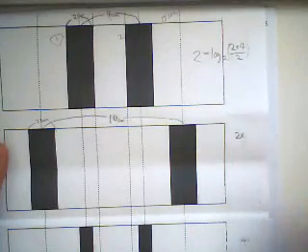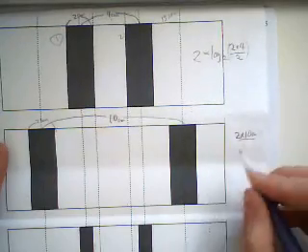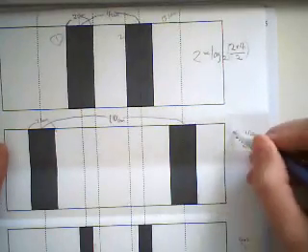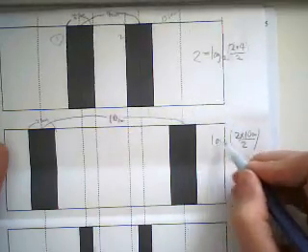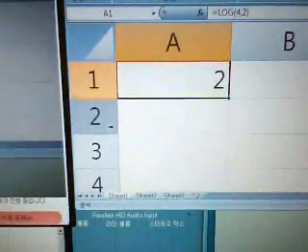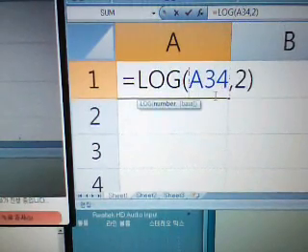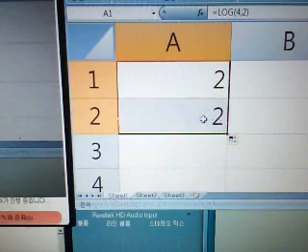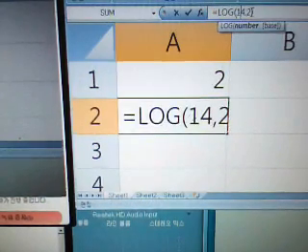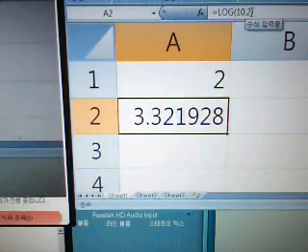So the index of difficulty is 2 multiplied by the amplitude, which is 10 centimeters, divided by the target width, which is 2, and log to the base of 2 equals, let's have a look again, about 3.3.